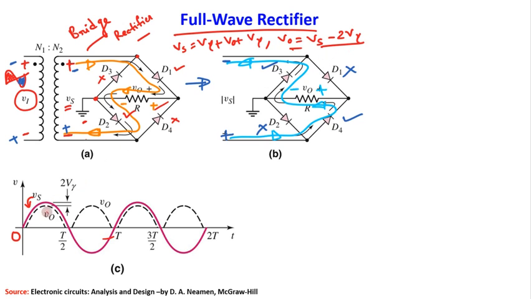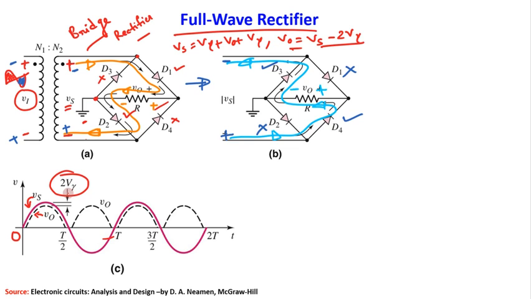So that's how you can see this is the V output, shown using this black dashed line, and compared to this Vs, it is 2 V gamma lower. Means the difference between Vs and V output is 2 V gamma.